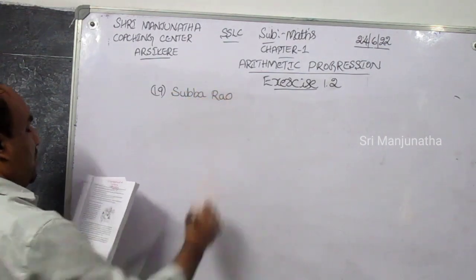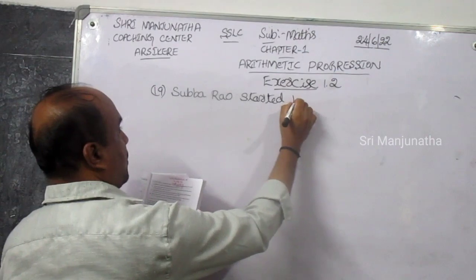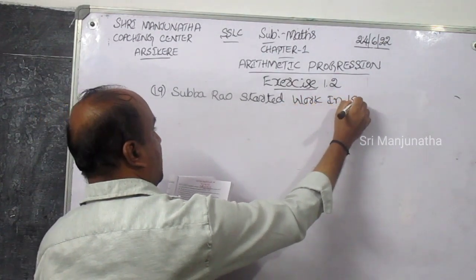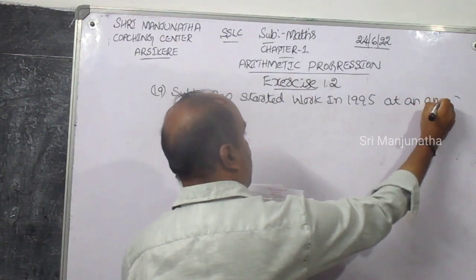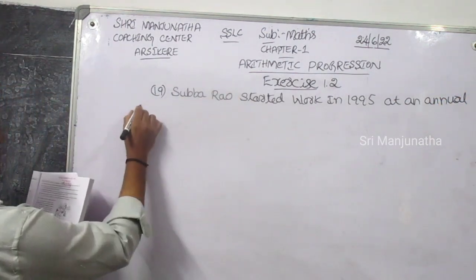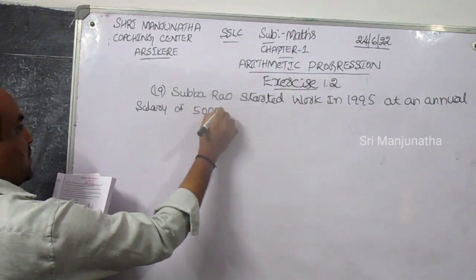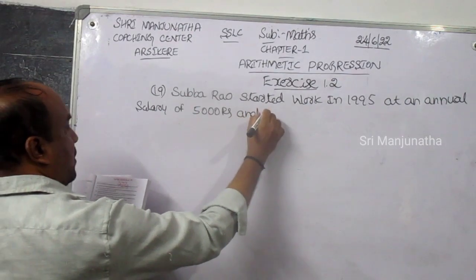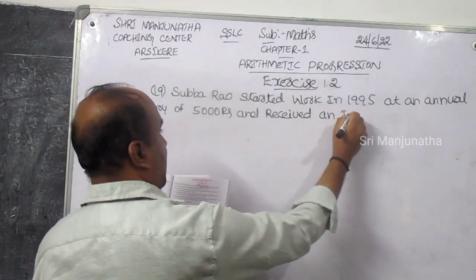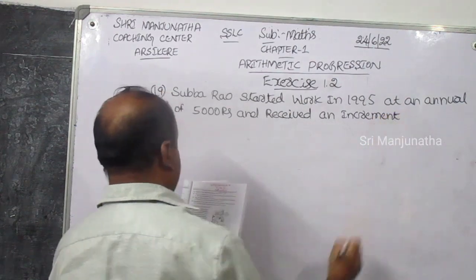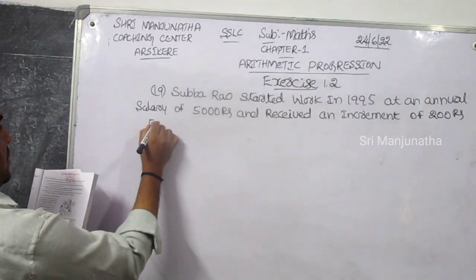Subbarao, one of the persons, Subbarao, started work in 1995 at an annual salary of 5,000 rupees and received an increment of 200 rupees each year.